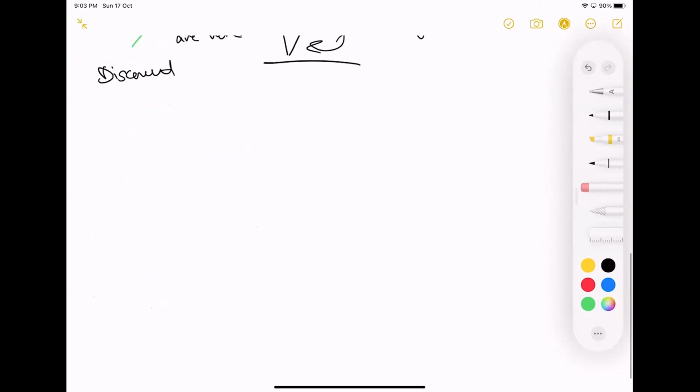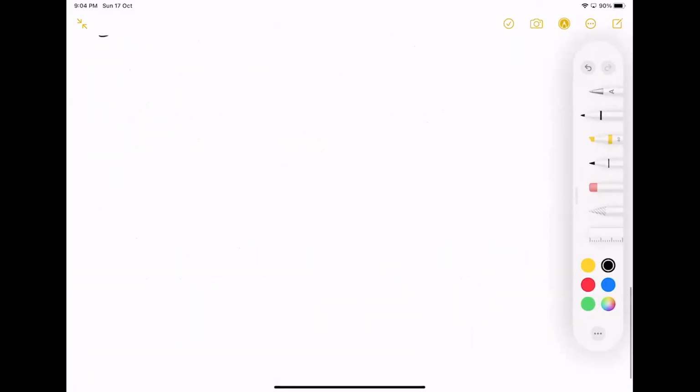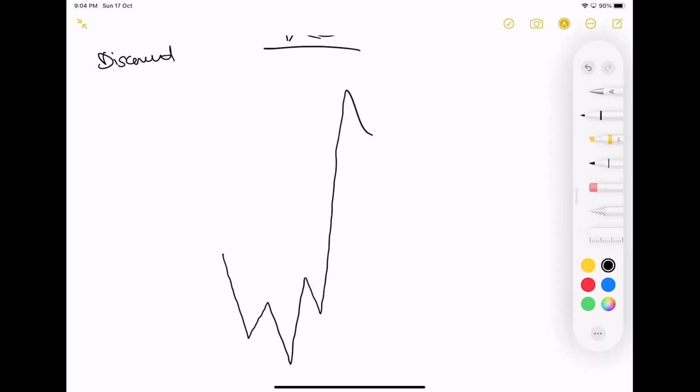Now, bullish scenario. So we have down, up we go, right? Then we have the dealing range low, and then we have the dealing range high.